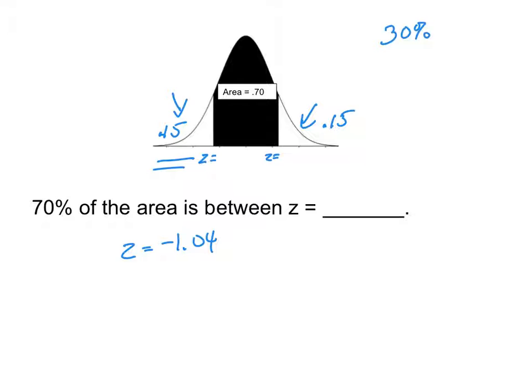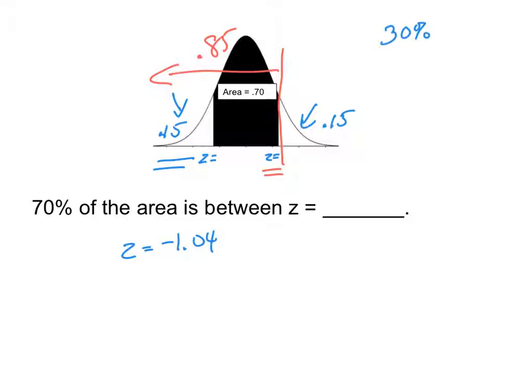Now if I want to find this z-score, if I have 15% that's to the right, the total amount that's at the left is 0.85. 85% of the curve is to the left.